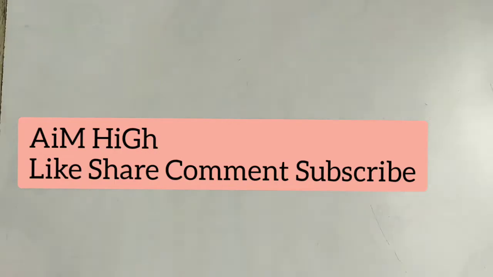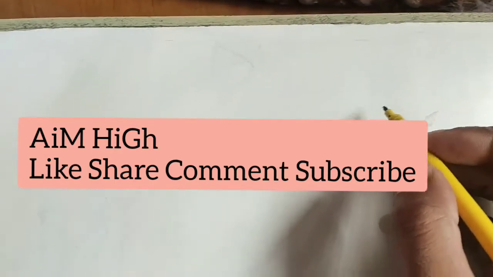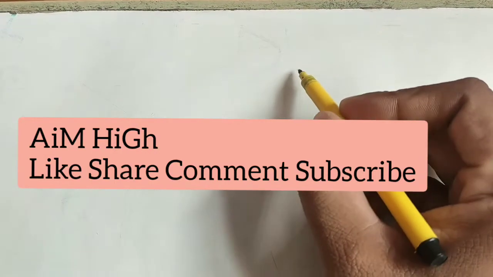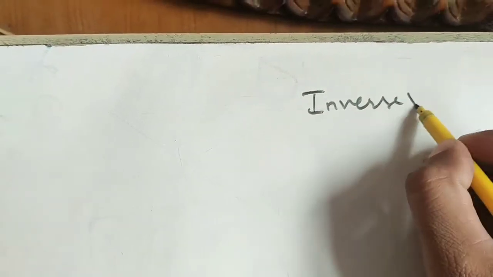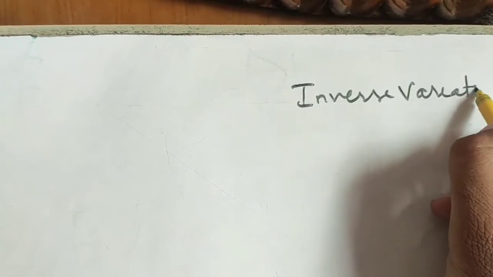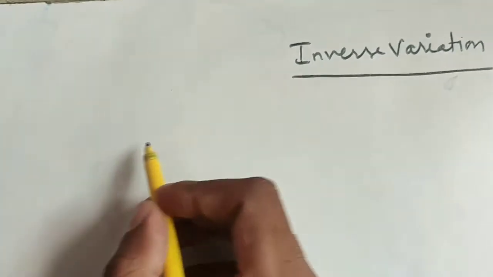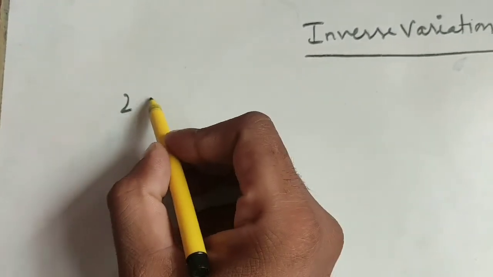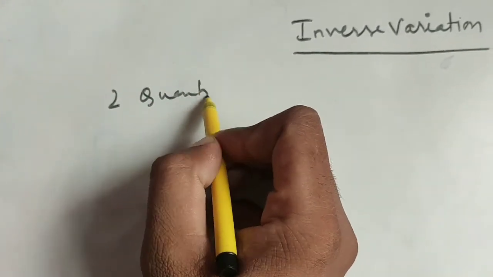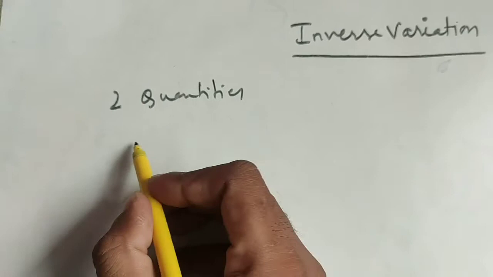So class, now we are starting the second topic of direct and inverse variation. It is inverse variation. Inverse variation means, suppose there are two quantities, x and y.